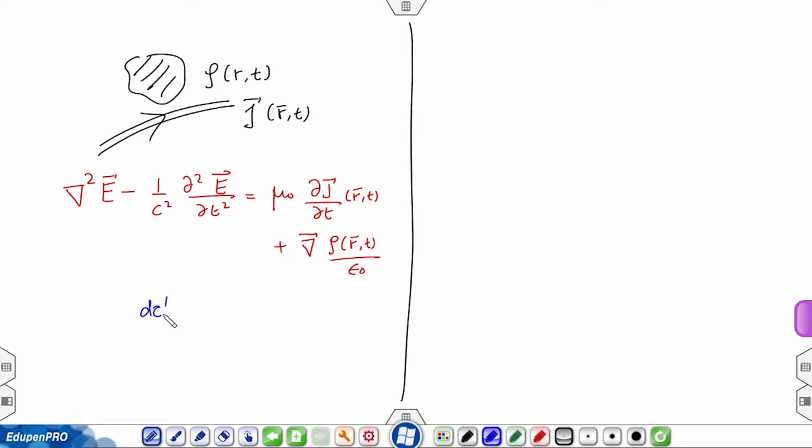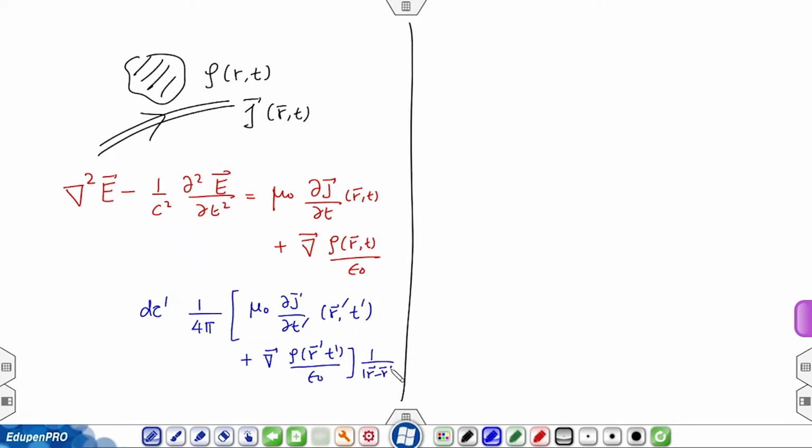So, for d tau prime, the solution would be 1 over 4 pi times all this term, mu 0 dJ over dt prime at r prime t prime plus gradient of rho r prime t prime over epsilon 0, times 1 over mod r minus r prime.